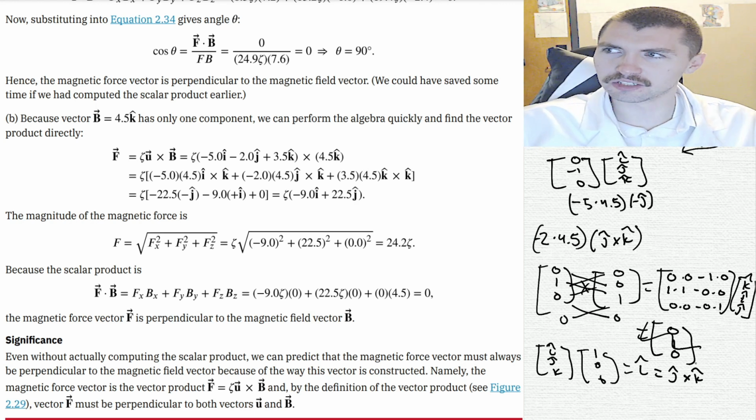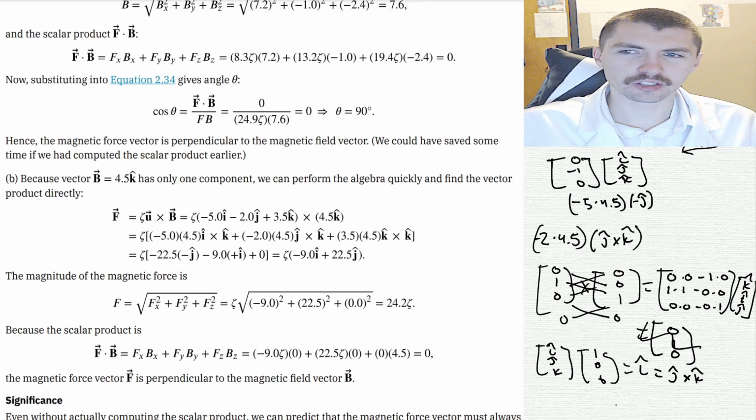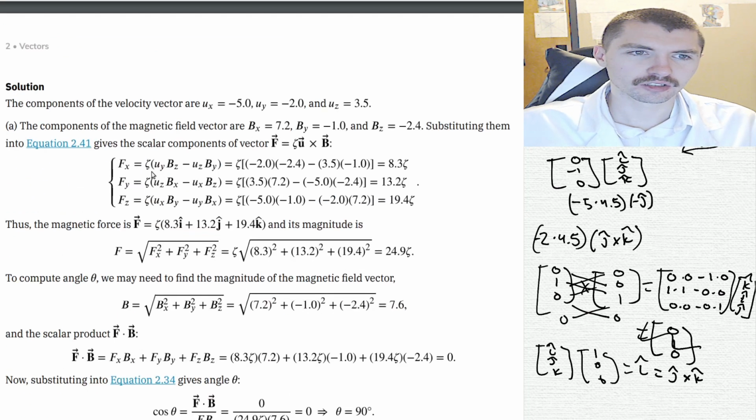So the book doesn't teach this, and it is tedious, but it makes more sense to me. It's like either you know this or you just memorize that it's, you know, a_y b_z minus a_z b_y.